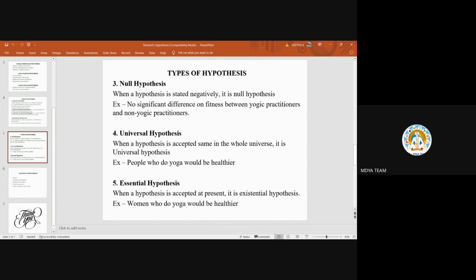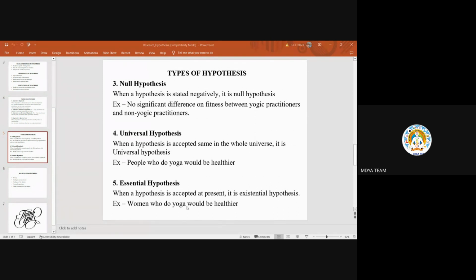Now it is existing. In the current scenario, it will be accepted. For example, for COVID, you can take that when they continuously practice Surya Namaskara, the infection of COVID will be resolved. So for the current scenario, Surya Namaskara is a better example because the COVID could be resolved with Surya Namaskara.